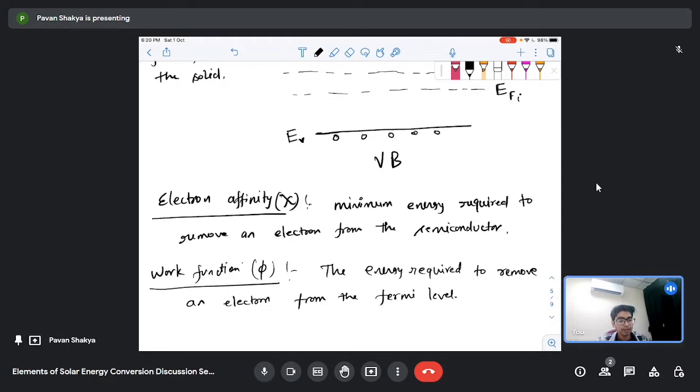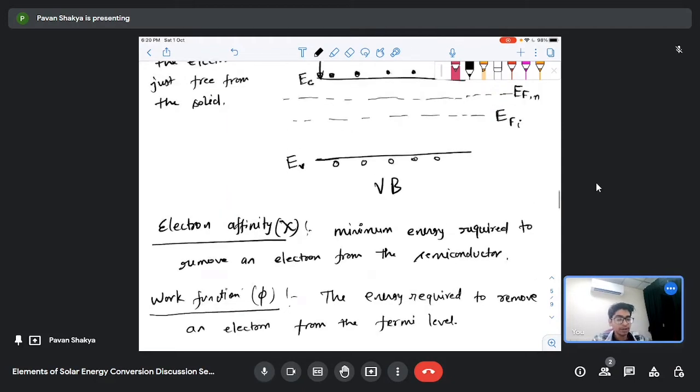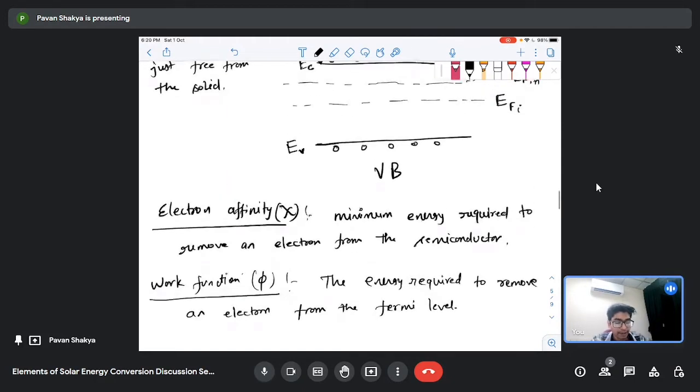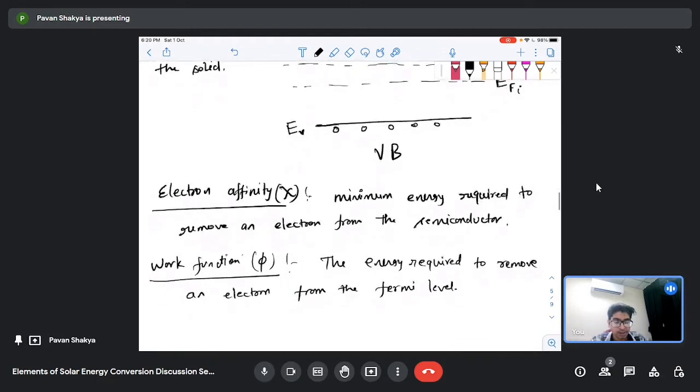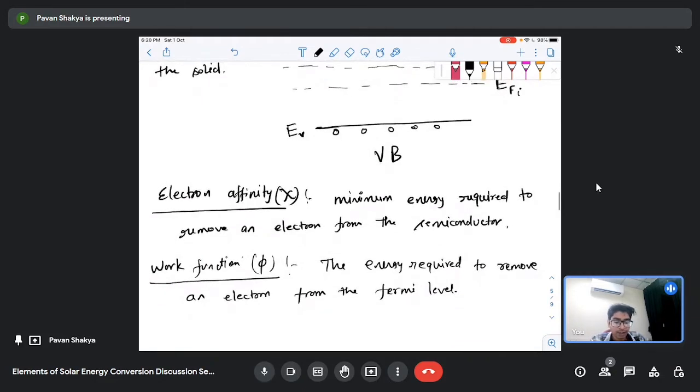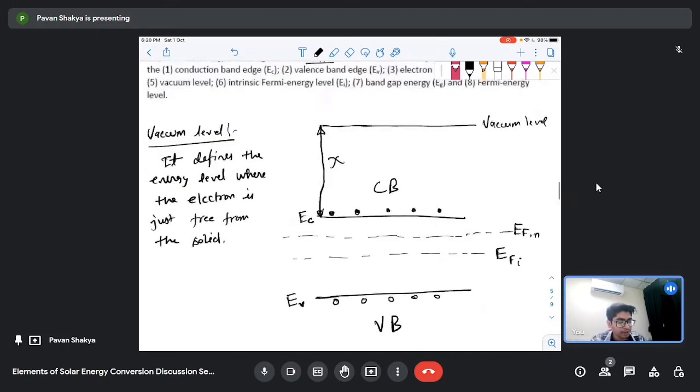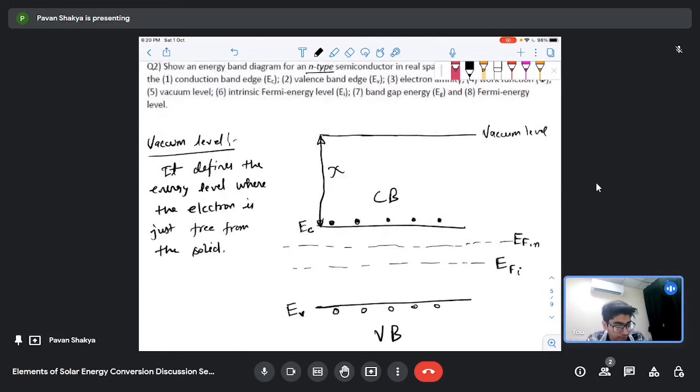Although as we know, in the Fermi level there will not be any electron, this is a theoretical definition for the work function. It can be seen from the figure that if this is the Fermi level for this n-type semiconductor, then the energy required to remove the electron from the Fermi level will be this much, and this is defined as the phi symbol.